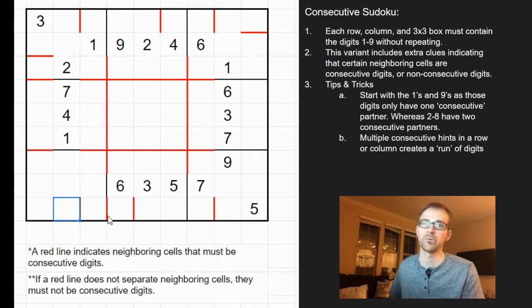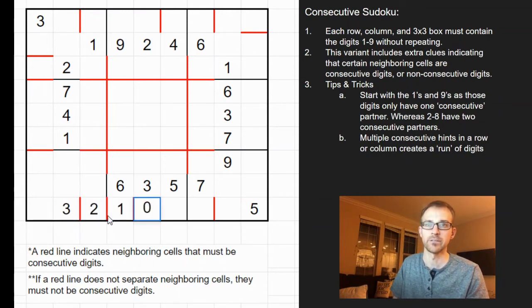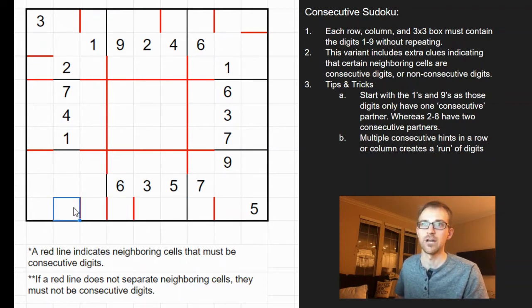So I knew that this wouldn't be able to be a 3, because if this went down to say 2, 1, I'd run out of space, it couldn't be a 0. And it can't go the other way, because you could see the 5 and the 6 are in the same box. Same with the 5s, and these two would be consecutive when they're not supposed to be. So I would know that this could not be a 3.